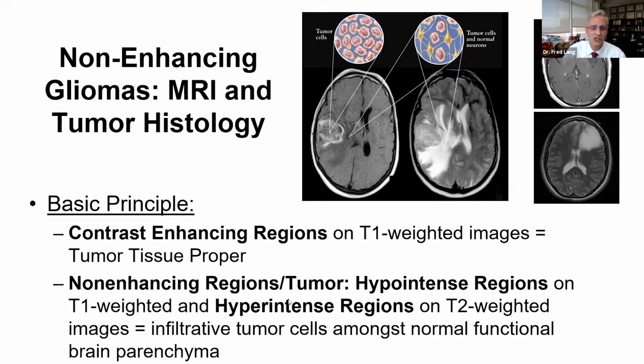A non-enhancing tumor, which is the majority or all of the lower grade gliomas, is hypo-intense on T1 weighted images or hyper-intense on FLAIR or T2 weighted images. In these non-enhancing tumors, the tumor cells are juxtaposed and infiltrated with normal neurons. So in a non-enhancing tumor, you have neurons next to tumor cells.